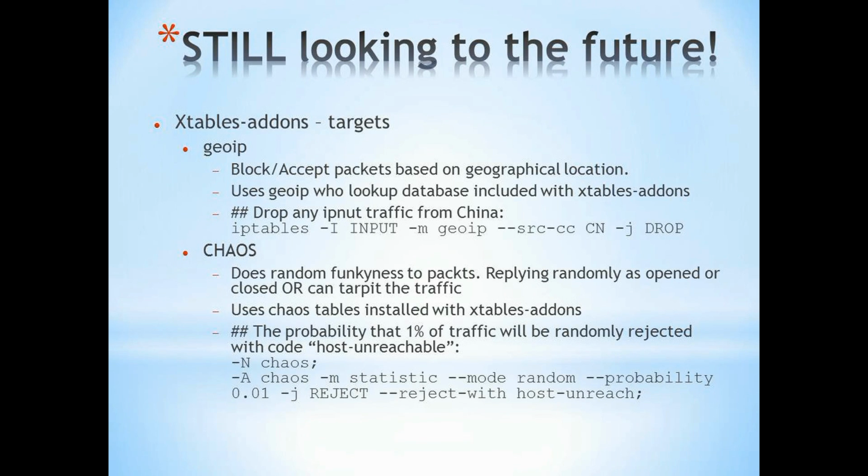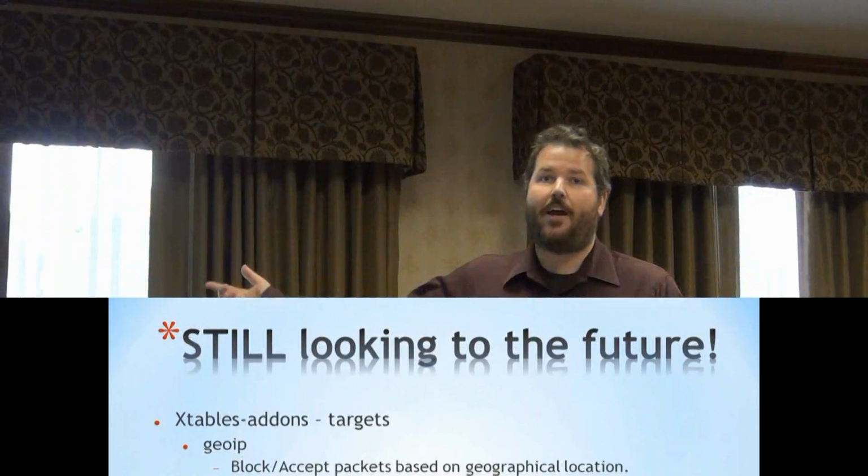Here, with GeoIP, it uses a Whois database of country codes and the IP addresses that belong to those country codes. Going against your input chain, telling it to use the GeoIP mask, where the source country code is CN, drop it. Easy. It references the database that it has on the box. At that point, it's I/O, not CPU. It's good to go.